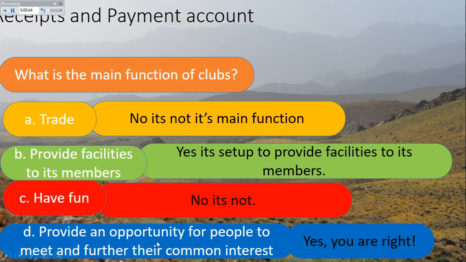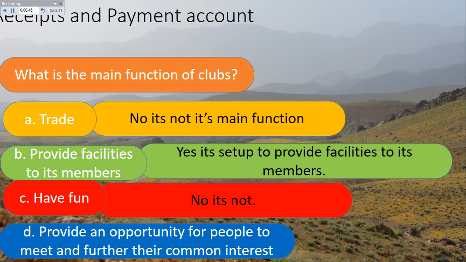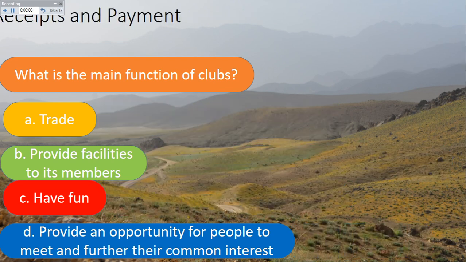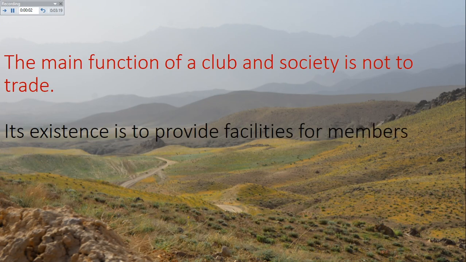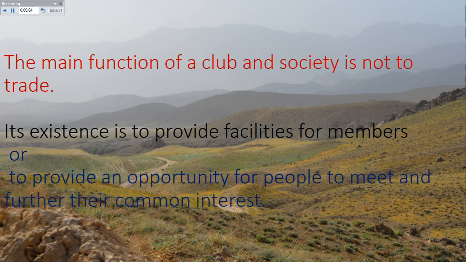Yes, you are right. So the main function of a club and society is not to trade. Its existence is to provide facilities for members or to provide an opportunity for people to meet and further their common interests.